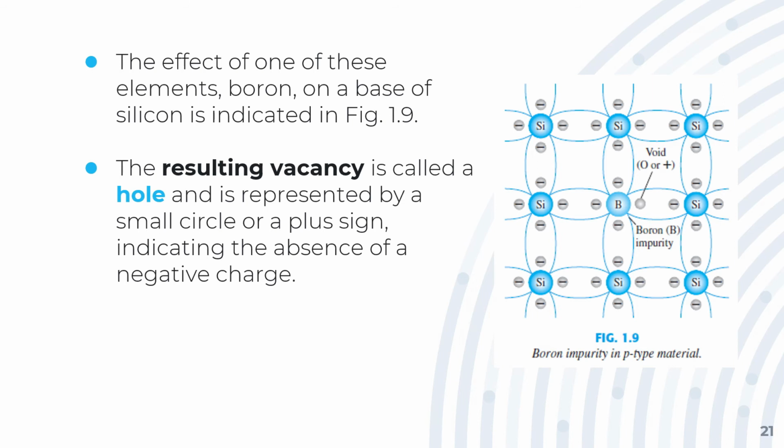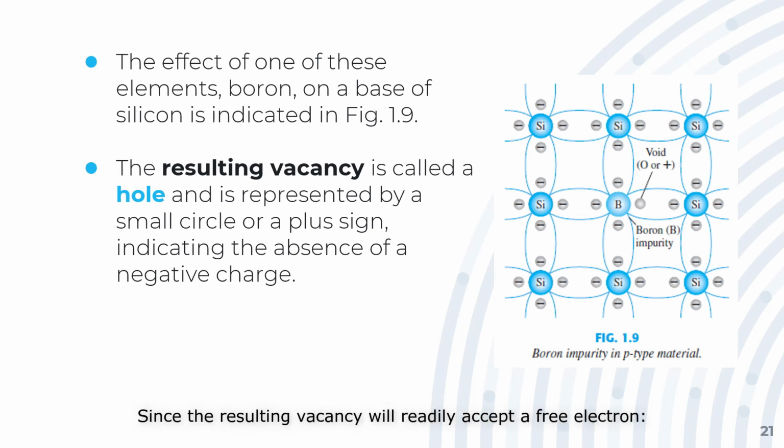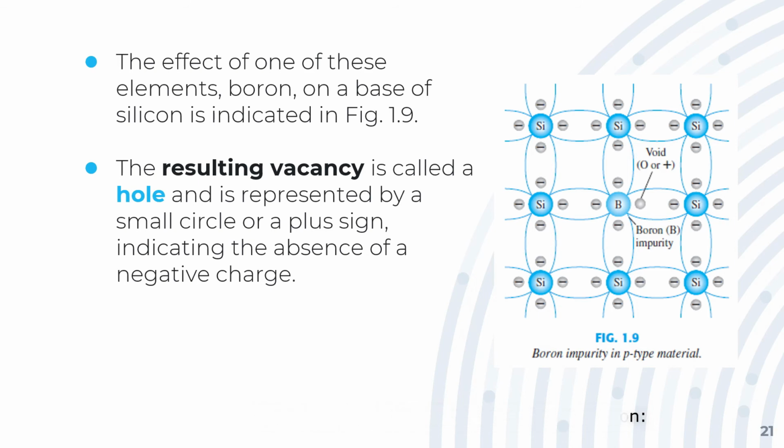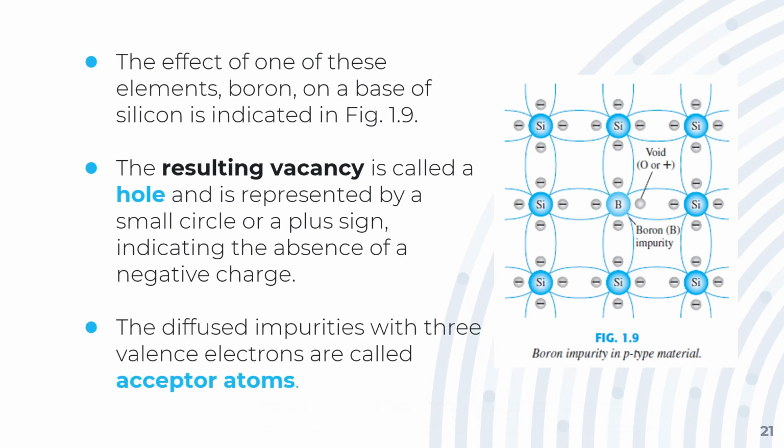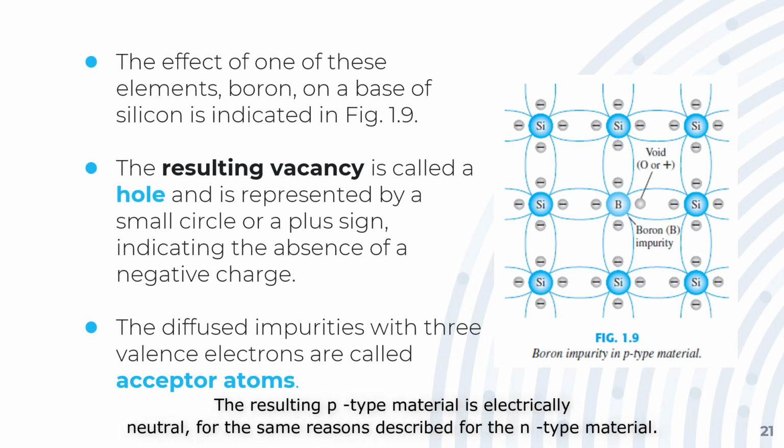Makikita natin dito sa picture, merong positive na sign or ito yung tinatawag natin hole. Since the resulting vacancy will readily accept a free electron, the diffused impurities with 3 valence electrons are called acceptor atoms. The resulting p-type material is electrically neutral for the same reasons described for the n-type material.